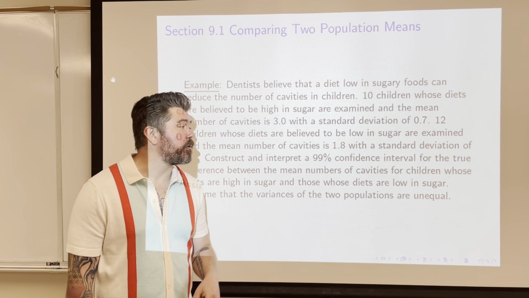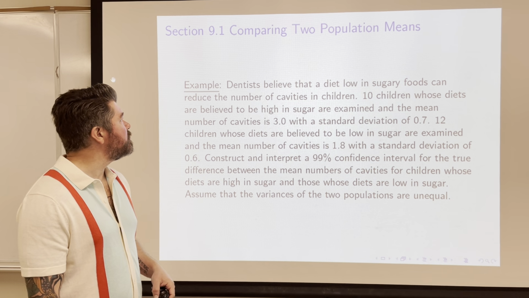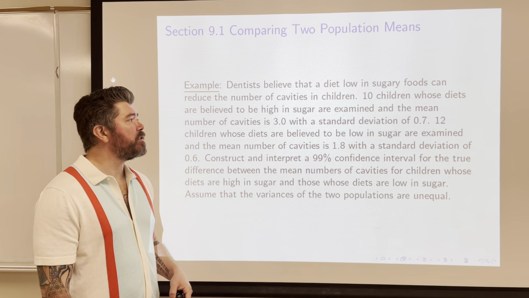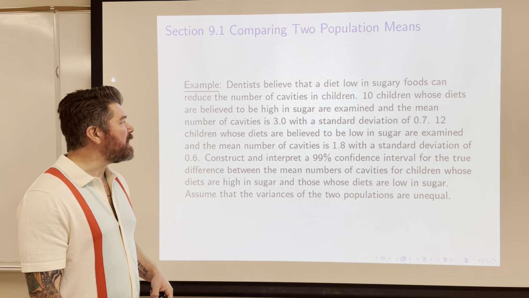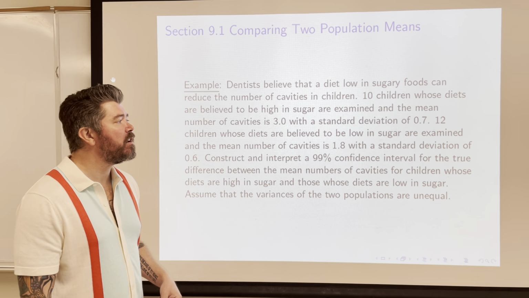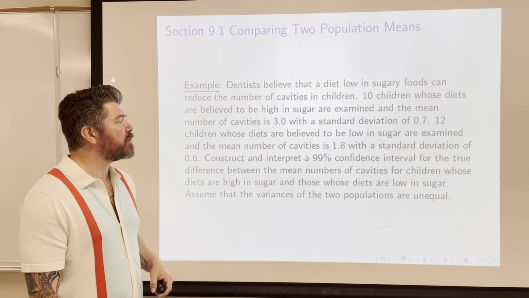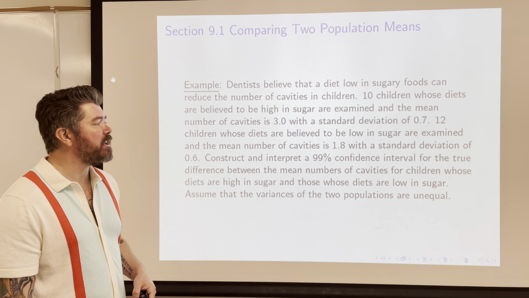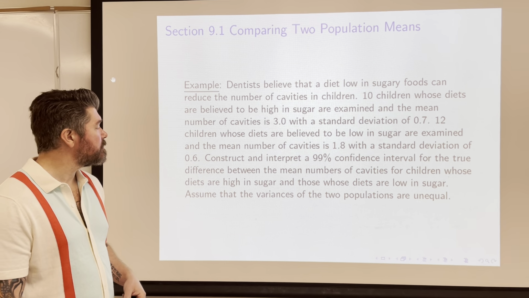Let's look at an example. Dentists believe that a diet low in sugary foods can reduce the number of cavities in children. 10 children whose diets are believed to be high in sugar are examined, and the mean number of cavities is 3.0, with a standard deviation of 0.7. 12 children whose diets are believed to be low in sugar are examined, and the mean number of cavities is 1.8, with a standard deviation of 0.6.